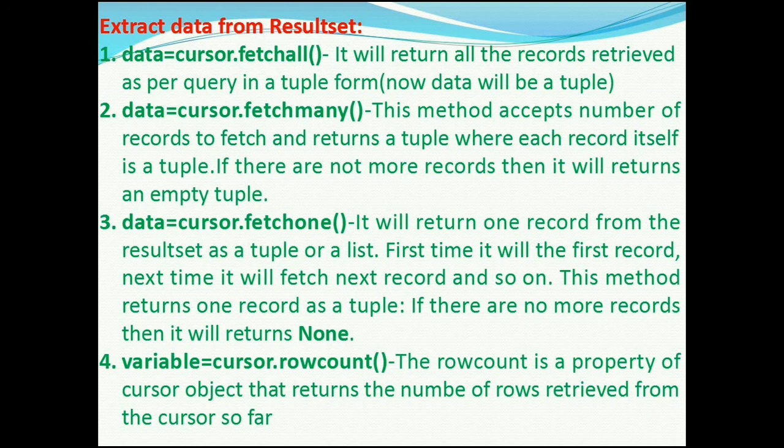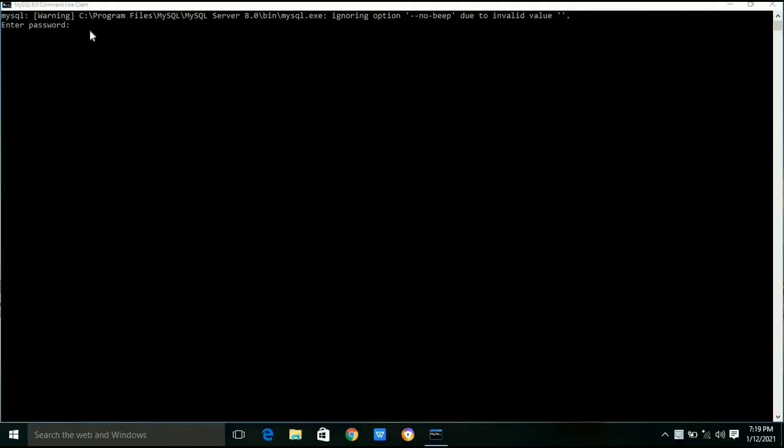Now the data will be a tuple. Fetchmany accepts the number of records to fetch and returns a tuple where each record itself is a tuple. Fetchone will fetch one record at a time as a tuple or a list.